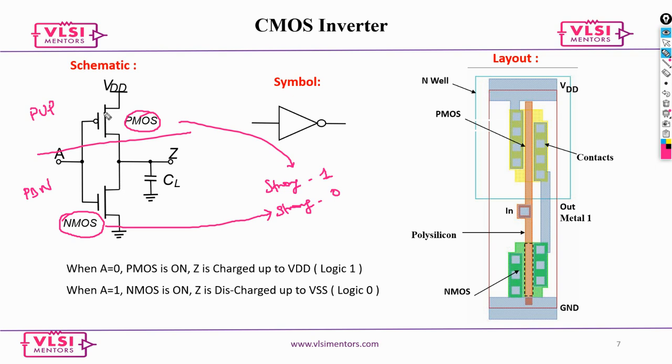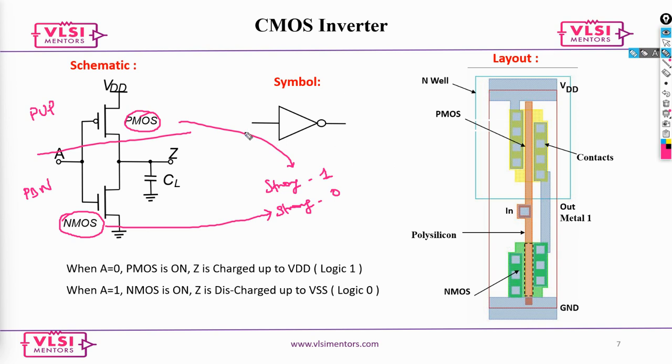Now what would happen if you interchange this PMOS and NMOS? I asked you to complete this assignment: how do you design a buffer? If we interchange, we will get a weak buffer.